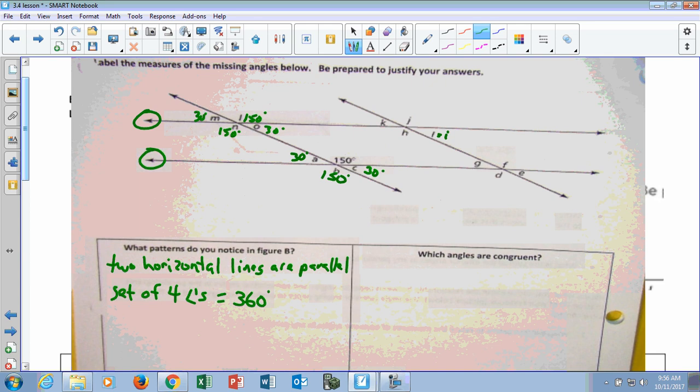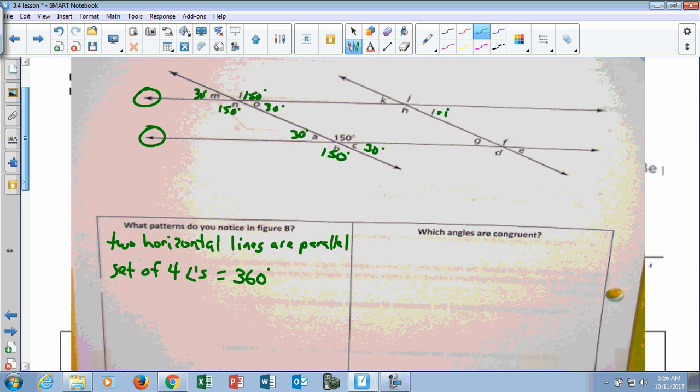Does anyone have something else they can add to that? Come on, I'm sure everyone saw some things. What else? Lily? You mean from the angle here and here? Yeah. So the angles on the one line match the same side angles on the other line?